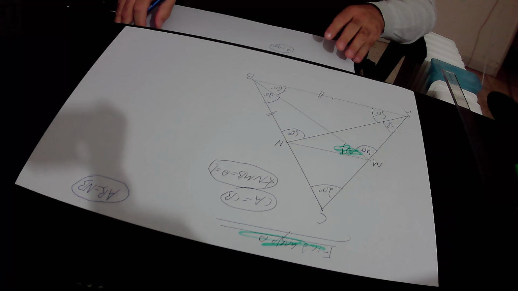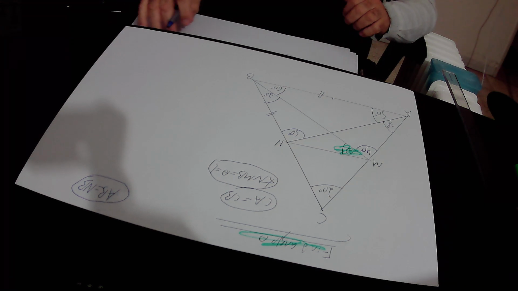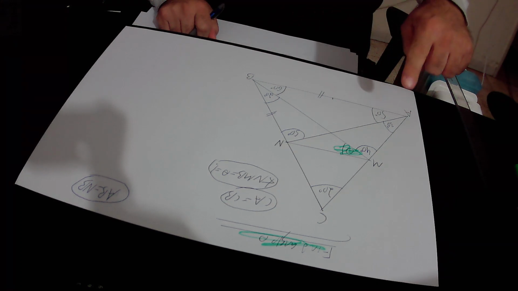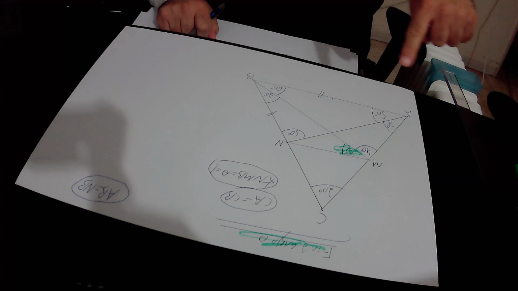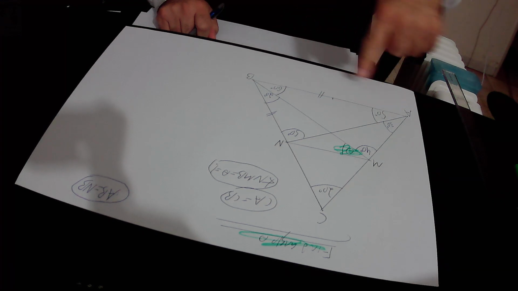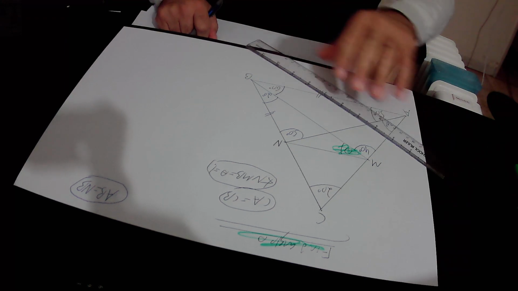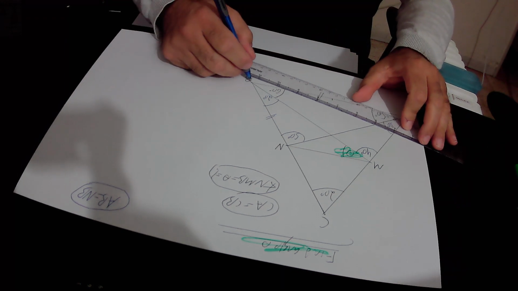In the next step, we'll make a construction, that is to say from point B, we will draw line segment BD on CA in such a way that BD will be equal to BA. Okay? So, here we draw line segment BD.